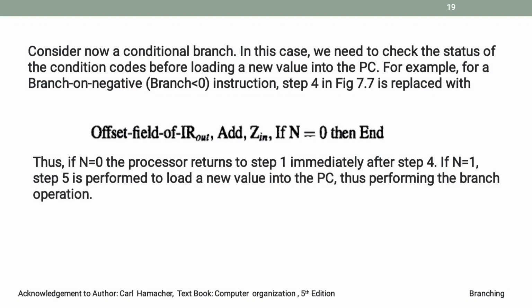If it were a conditional branch instruction, then only this part would be added to the 4th step of control sequence, which needs the checking of condition code flags in the status register. So depending on the condition, if it is satisfied, the program control would be shifted, otherwise no. So this is the study for both unconditional and conditional.